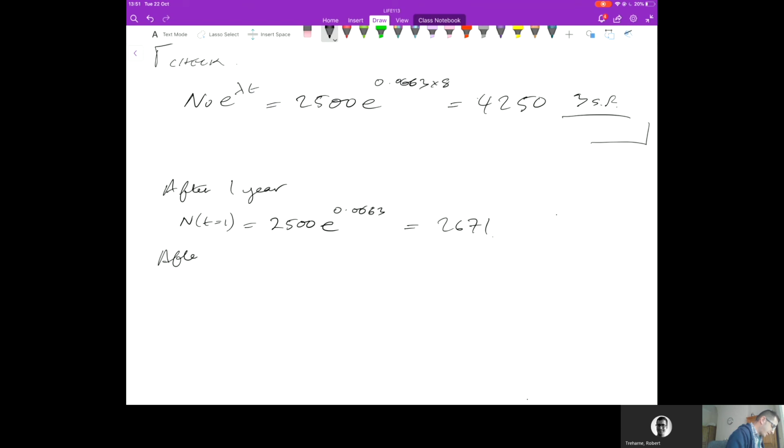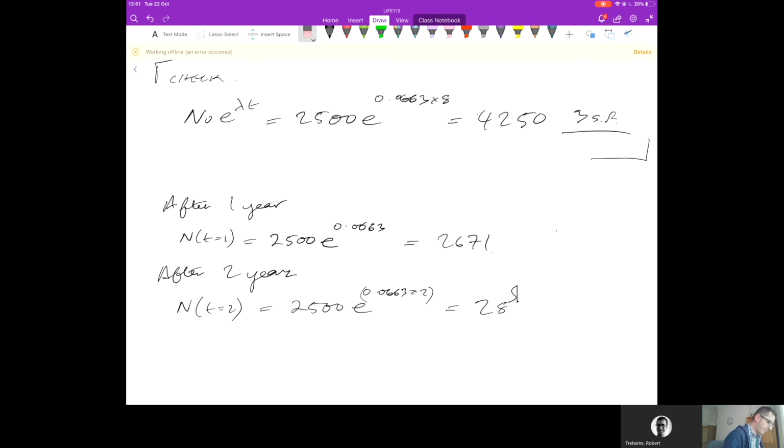And after 2 years, that's N at t equals 2, again 2,500 e to the 0.0663, this time times 2 in the exponent. That gives me a value of 2,854. So that's after 1 year, and that's after 2 years.